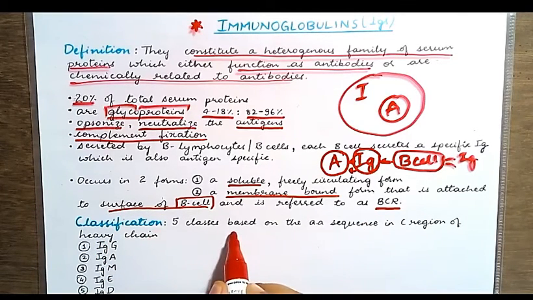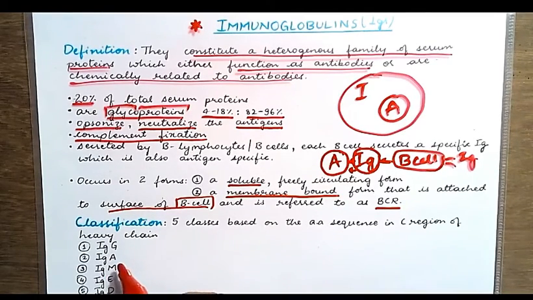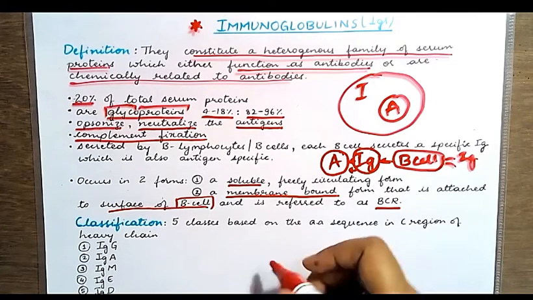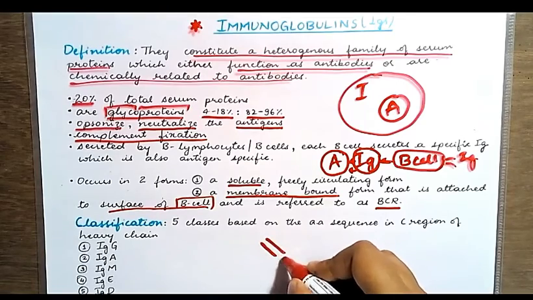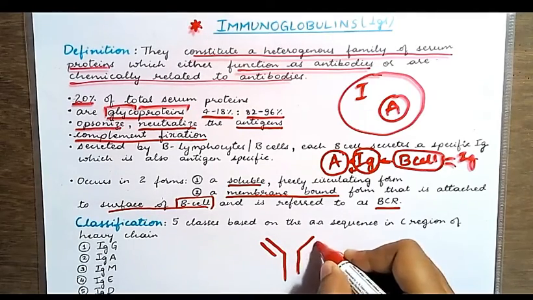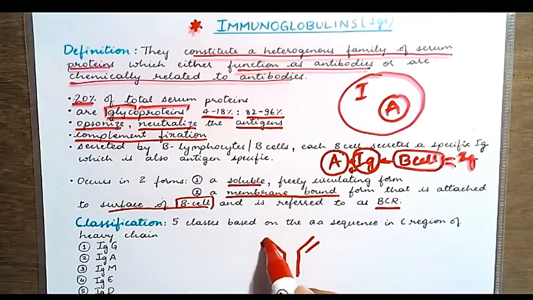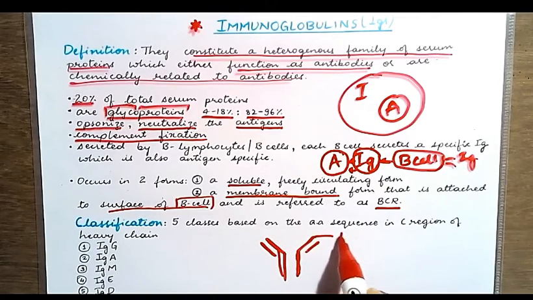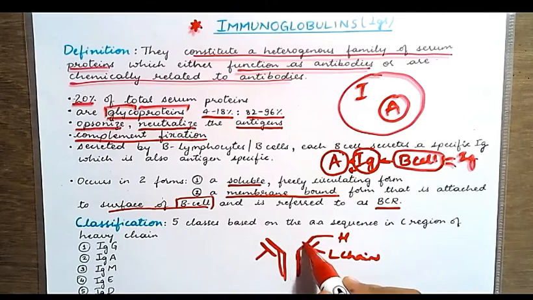Classification based on the amino acid sequence in the C region of the heavy chain. When we learn about the structure of the immunoglobulin, we will be seeing how an immunoglobulin is made of four chains, of which two are heavy chains. These are heavy chains, and these two small ones are the light chains. And each heavy chain and light chain is comprised of a constant region and a variable region.